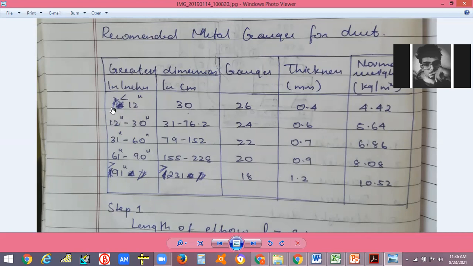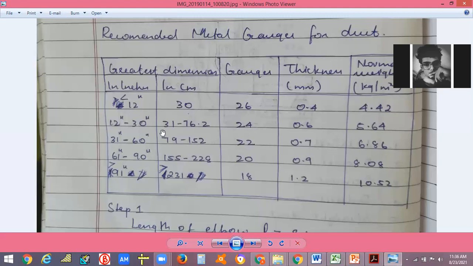If the greatest dimension is between 12 inch to 30 inch, or 31 to 76.2 centimeter, the gauge will be 24, or the thickness should be 0.6, and the weight will be 5.64 kilogram per meter square. The greatest dimension means, for example, if the duct dimension is 100 into 50, 100 width and 50 height, the greatest dimension is 100.